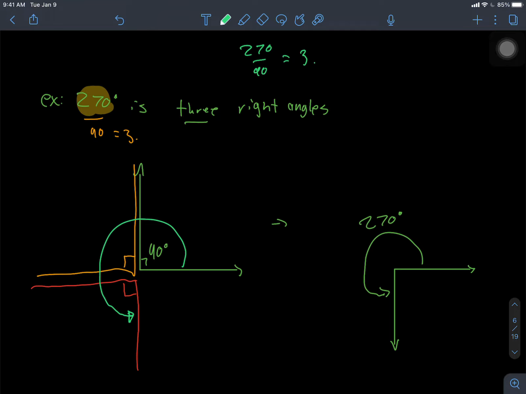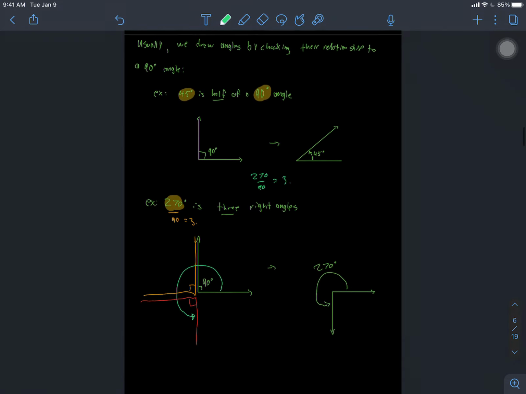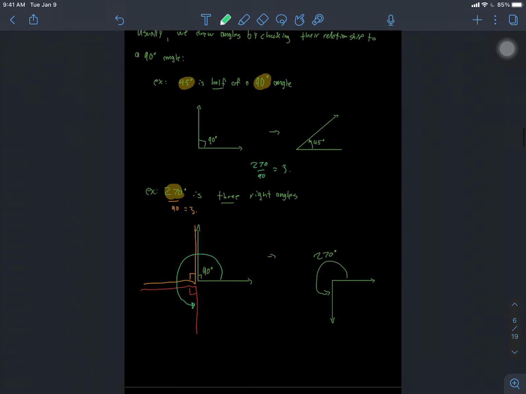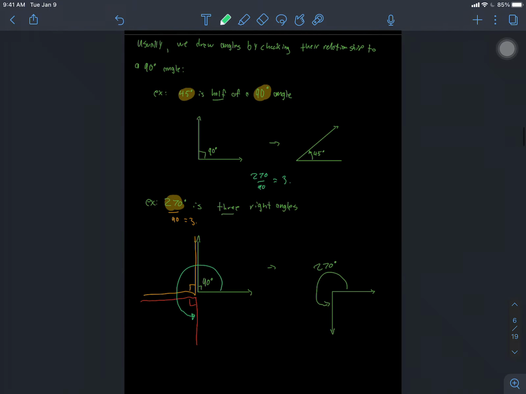So that's how I can draw 270 degrees. Hopefully we're getting a pretty good grasp of these degrees at this point. So 360 is all the way around, and any fraction thereof is going to represent a fraction of a full revolution.